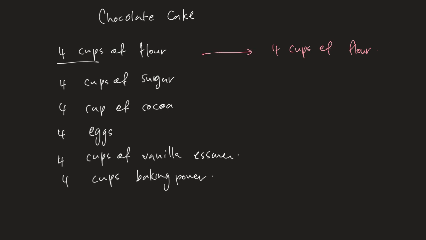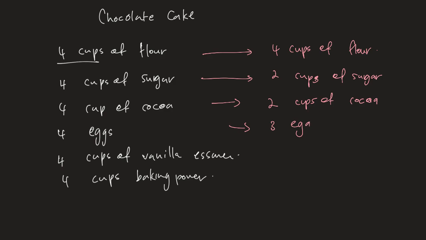For every 4 cups of flour, I only need 2 cups of sugar, 2 cups of cocoa, I might only need 3 eggs, 1 teaspoon of vanilla essence, and half a teaspoon of baking powder.